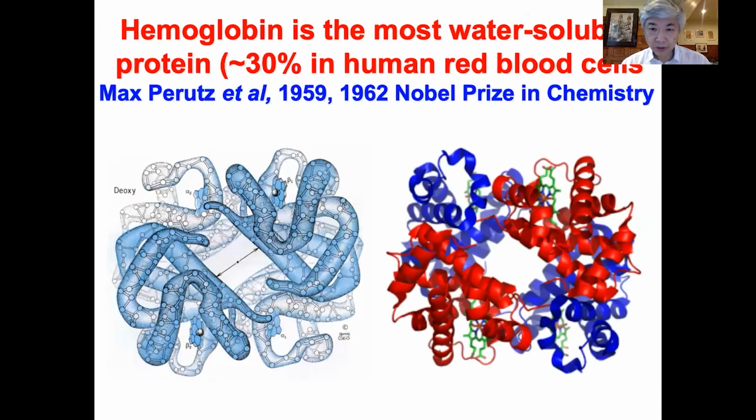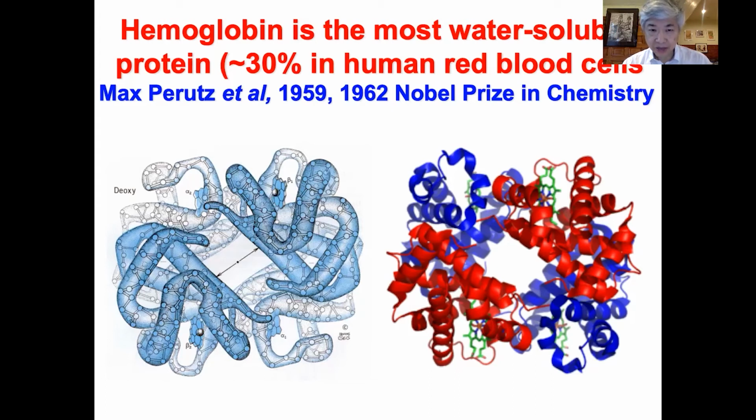One of the best-known proteins in humans and in all living mammals and birds is called hemoglobin. Hemoglobin carries oxygen and transports carbon dioxide. Hemoglobin is the most well-known water-soluble protein in the protein family.